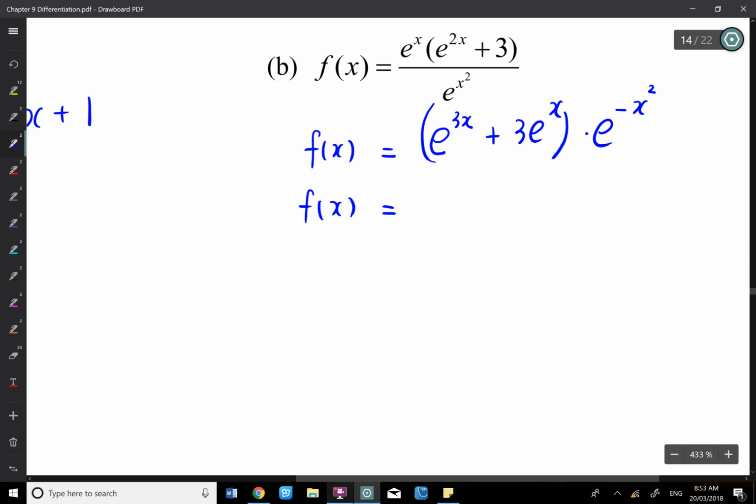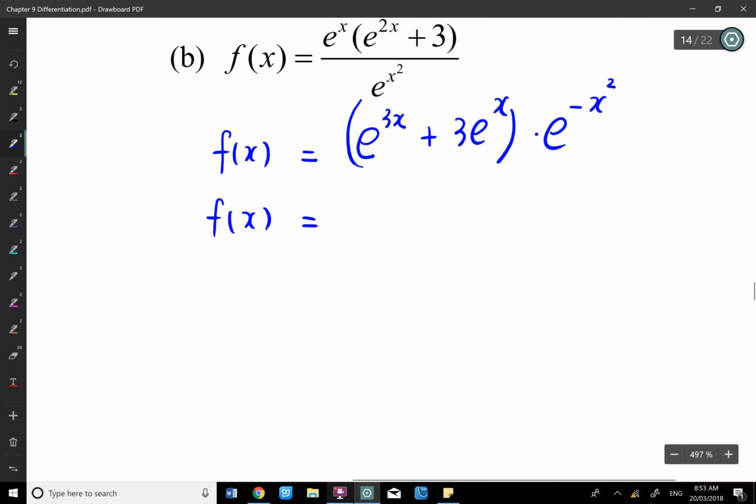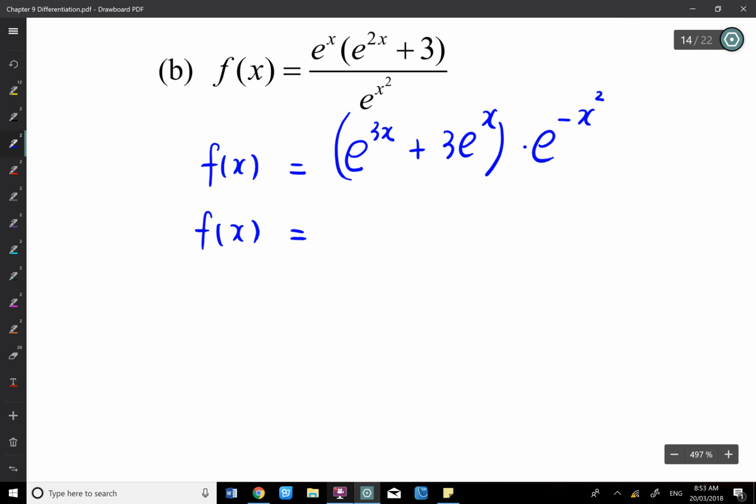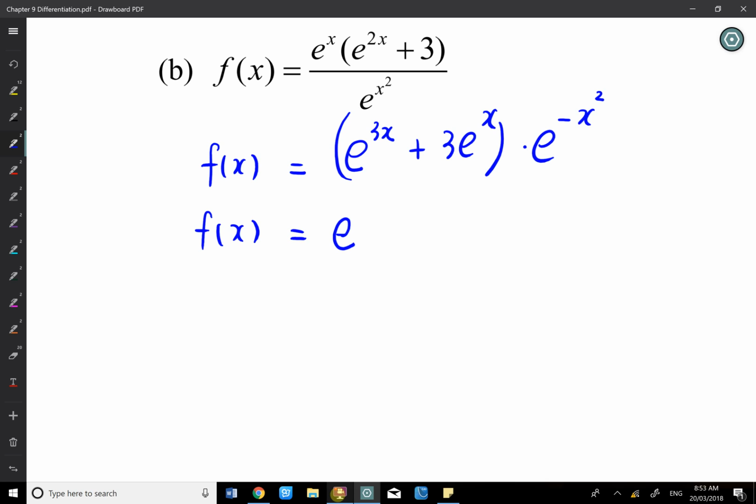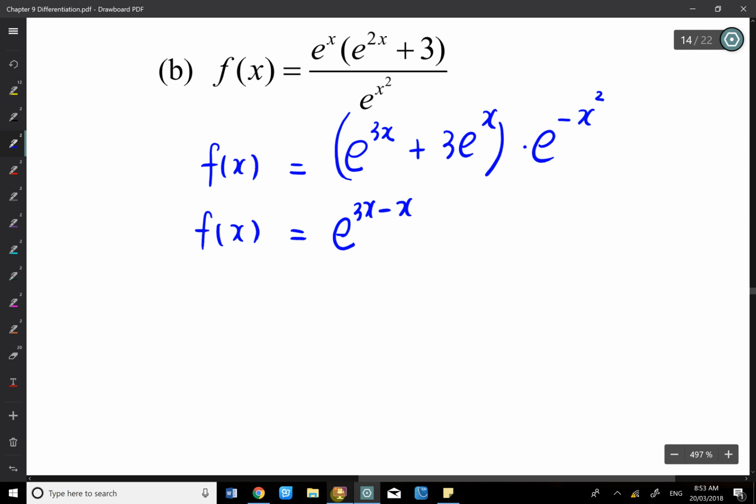Expand. What's the expanded form? E to the power of 4... Well, how can you combine that? 3x minus x squared. And plus e is 3e to the x minus x squared.